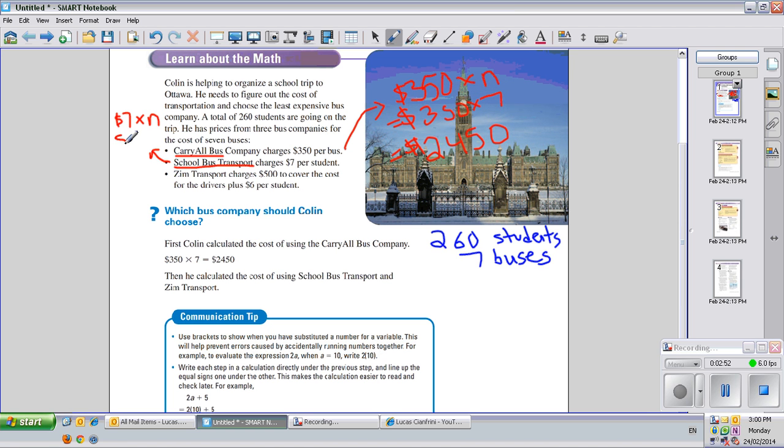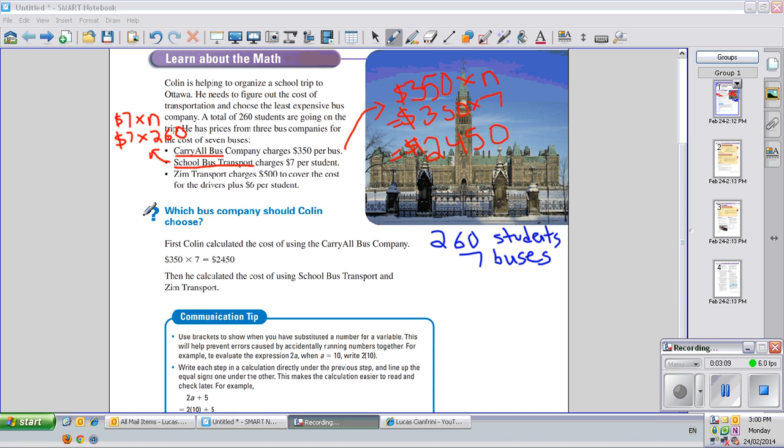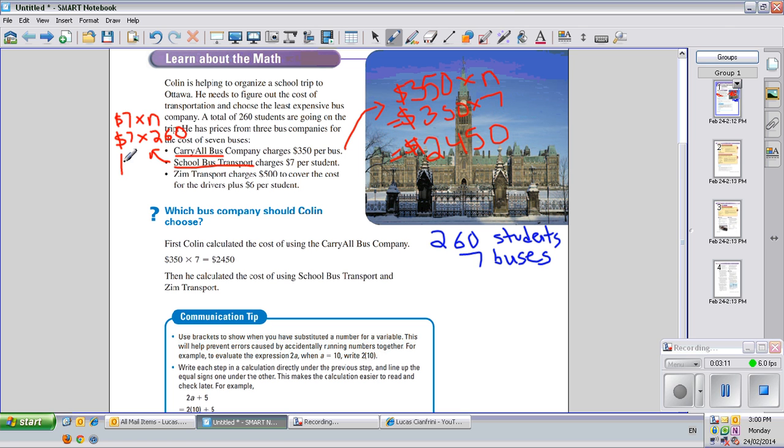So if we carry out the math, $7 multiplied by 260 students, because that is how many are on the trip, we will get $1,820.